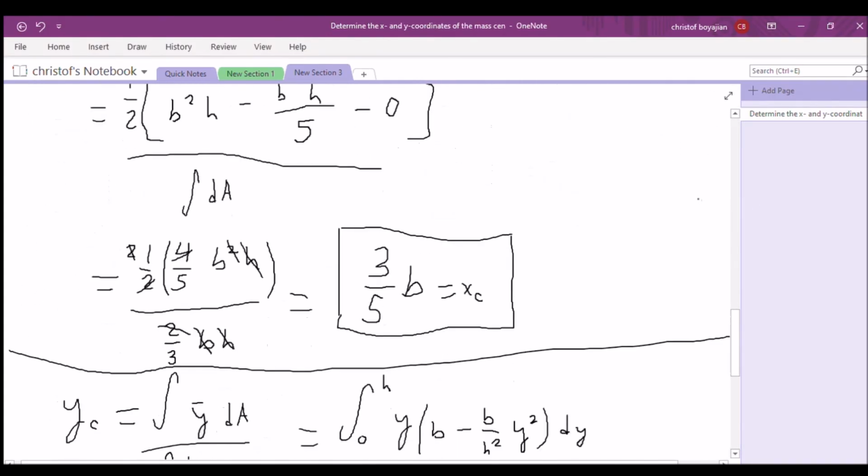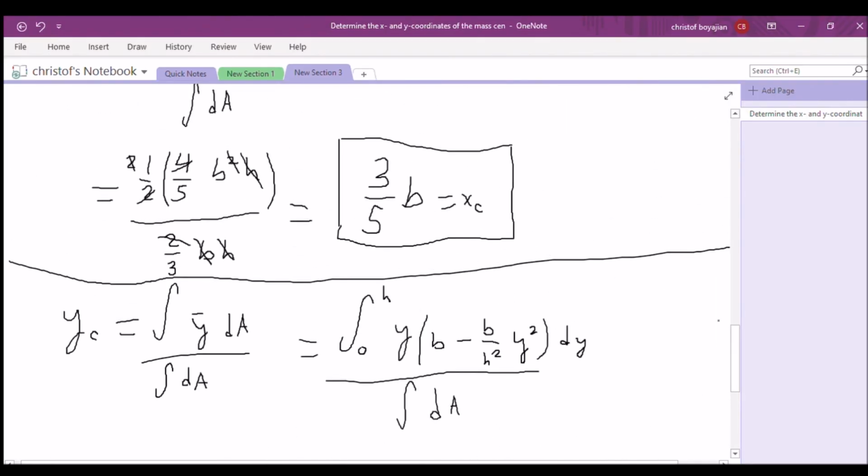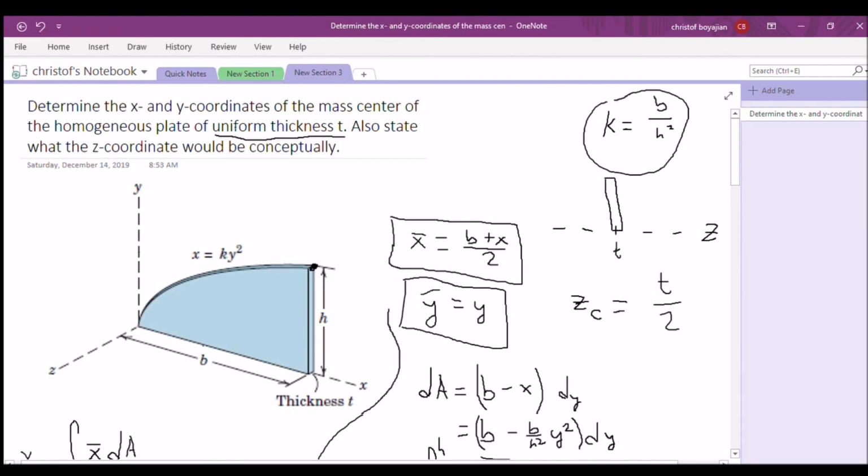So to recap, I'm going to write all of this up here. As a recap, the coordinates of our centroid, I should erase all of this. I'll write it up here. I'll just erase that k that we solved for.